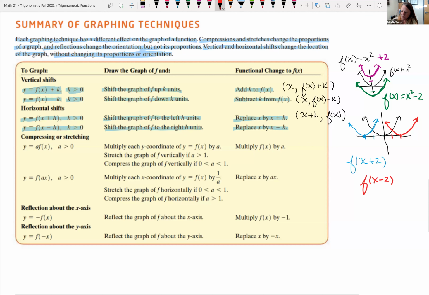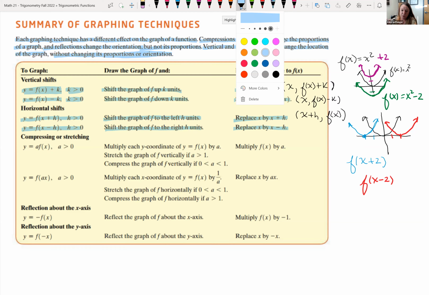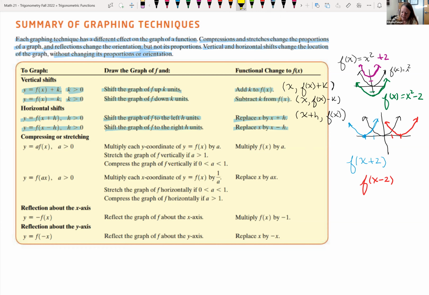Then we have the example where you're multiplying some constant times your y value. So if we look at y equals a times f of x, where a is a number bigger than 0, we're multiplying the y coordinate of f of x by a. So it depends on if that number that we're multiplying f of x by, we know it's greater than 0, but is it bigger than 1?